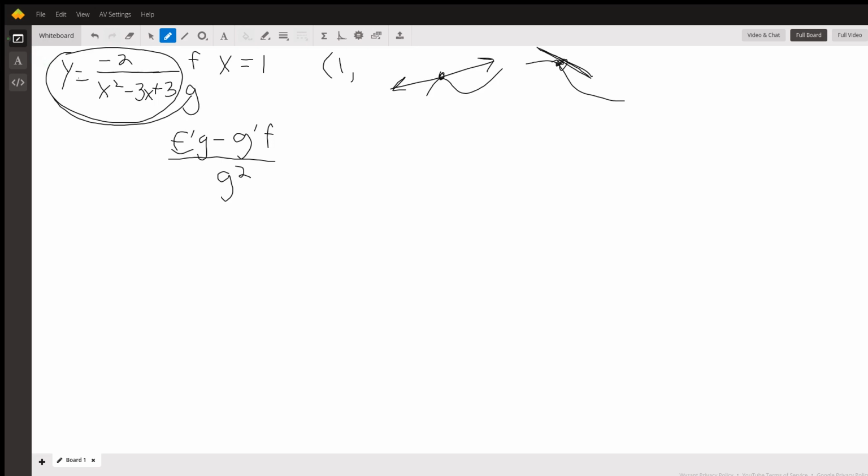So if f is -2, the derivative of -2 with respect to x is 0. If g is x squared minus 3x plus 3, the derivative of g with respect to x is 2x minus 3. Now use the formula.